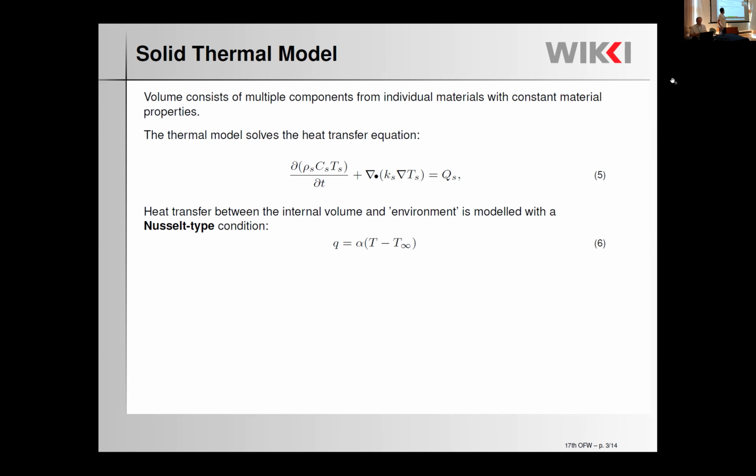Also, a boundary condition that is imposed at the faces that are turned to the environment or with constant temperatures is modeled by the Nusselt type boundary conditions, which is basically saying that the heat flux is proportional to the heat transfer coefficient and the temperature difference. Can we move to the next slide?